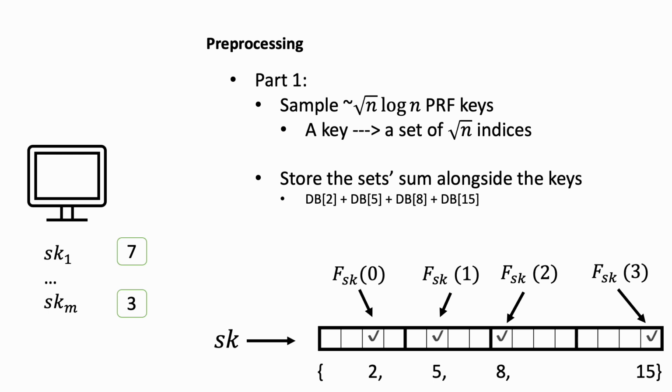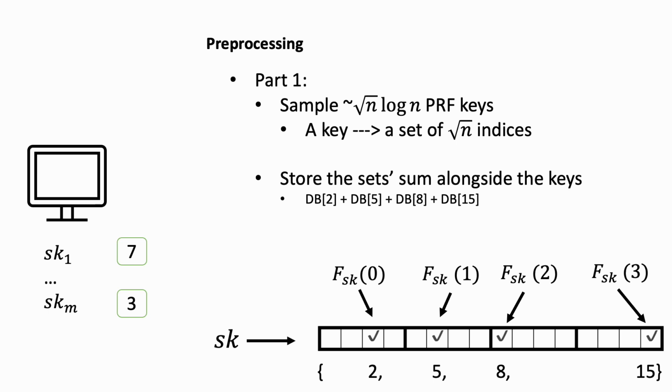So for every key sk, we simply evaluate the pseudo-random function on 0, 1, 2, 3. Basically, for every chunk ID, you evaluate it, and then you get an offset inside of a chunk. Using the offset inside of a chunk, you can uniquely determine one random index out of that chunk.